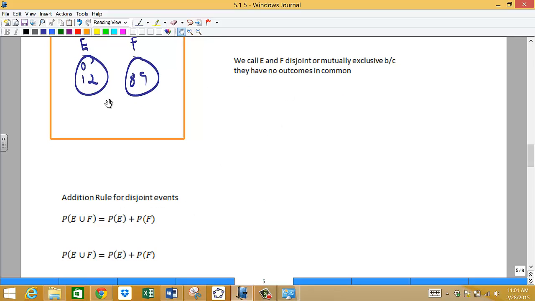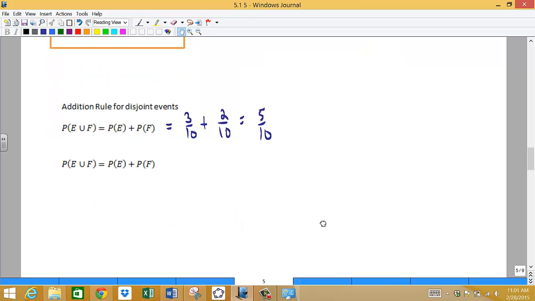These two events here are disjoint, so that basically just says we can take and add the probabilities. So the probability of E, of course, is 3 out of 10, plus probability of F is 2 out of 10, so 5 out of 10. Okay. Now we want to compare this with non-disjoint.